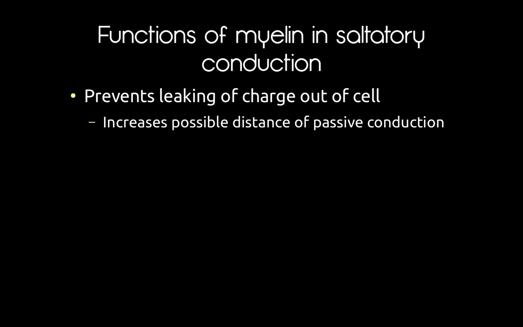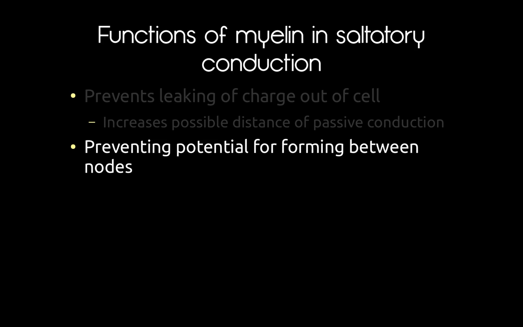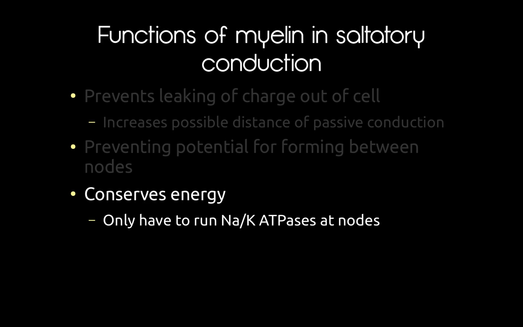Also, this prevents a potential from forming between these nodes. This is another way of separating charges so we don't get a potential being set up along this membrane, which would blunt the ability of these ions to move down their electrochemical gradient. Another really big thing, especially with animals that have lots of nervous tissue, like humans, is that this is going to conserve a lot of energy.